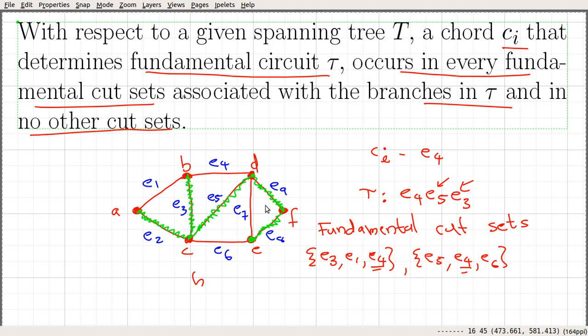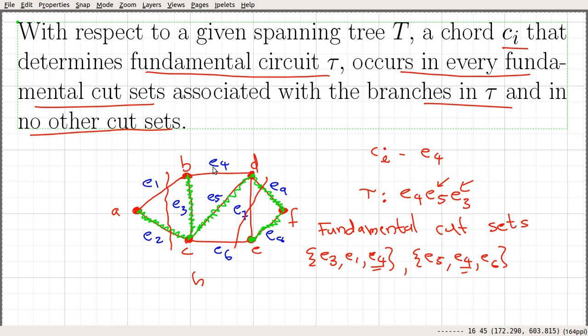Okay, so you can see that if you consider another cut set, that is not going to happen. For example, consider another fundamental cut set, say determined by E9, that cut set corresponds to E9, E7, E6. We can see that E4 is not there. Similarly, another fundamental cut set will be E1, E2.